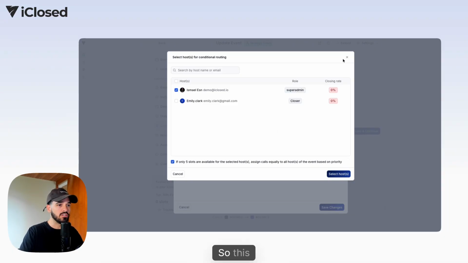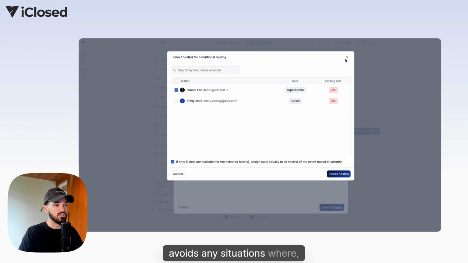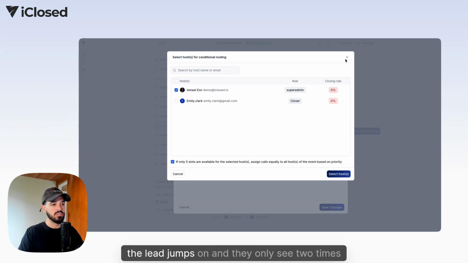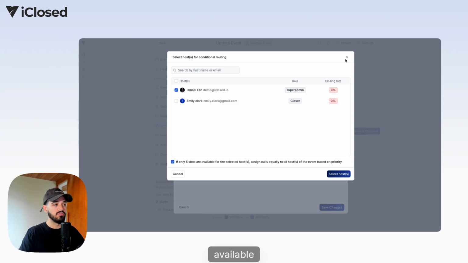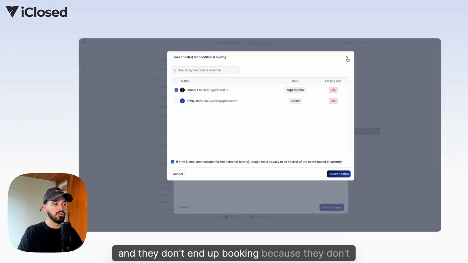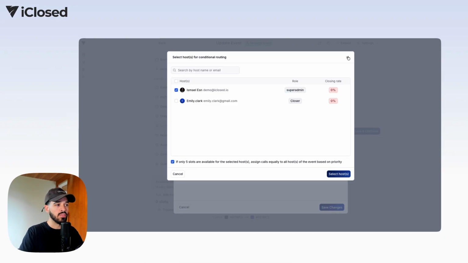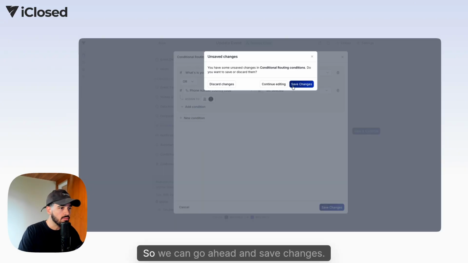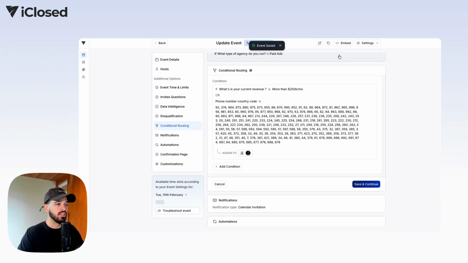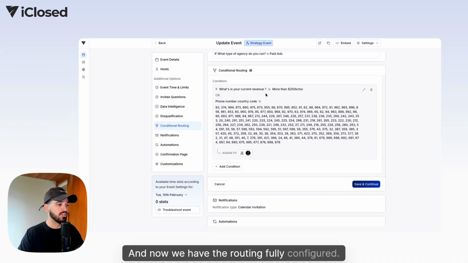Okay, so this avoids any situations where the lead jumps on and they only see 2 times available and they don't end up booking because they don't find a time that works for them. So this is helpful. This is sort of like backup routing. So we can go ahead and save changes, and now we have the routing fully configured.